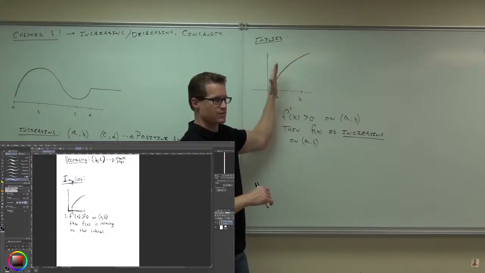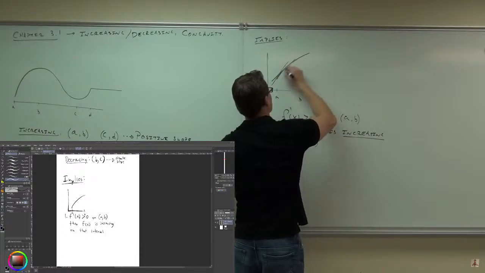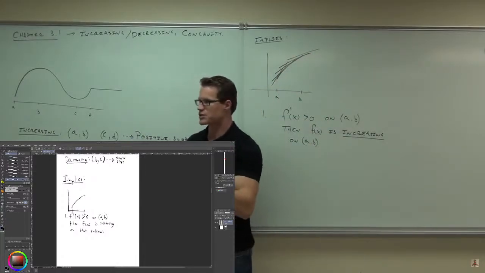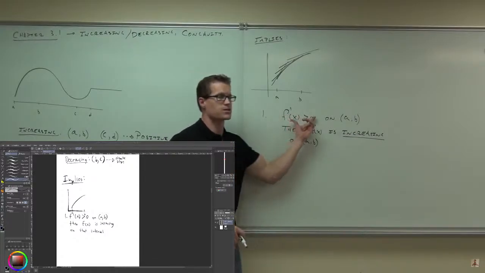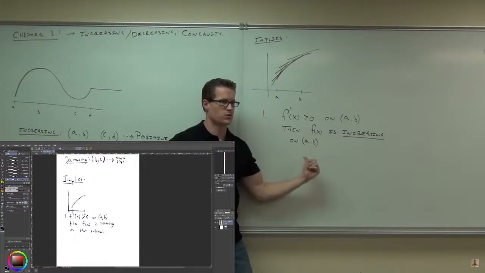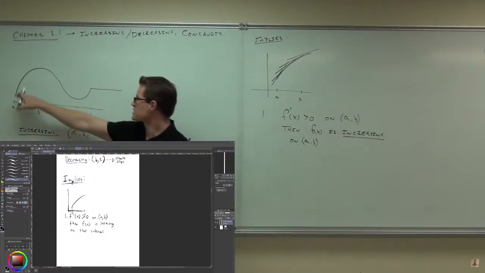Our slope is positive at every single point, from A to B. Every one of those slopes at every single point is going to be positive. That's all this says. Here it is in English for you. If the slope's positive, you're increasing. That's all it says. You guys understand that idea?